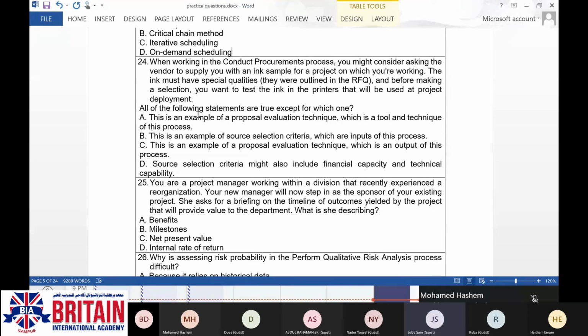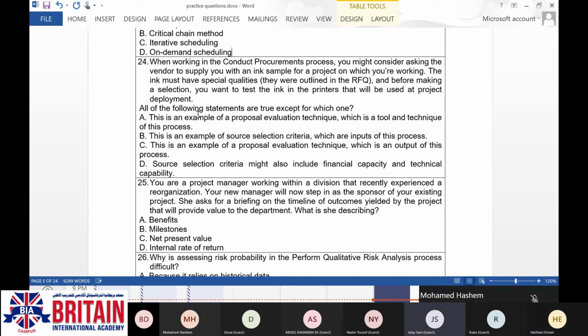This is an example of a proposal evaluation technique, which is a tool and technique of this process. This is an example of source selection criteria, which are inputs of this process. This is an example of proposal evaluation technique, which is an output of this process. Source selection criteria might also include financial capacity and technical capability.